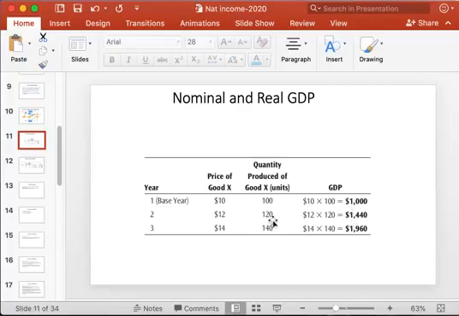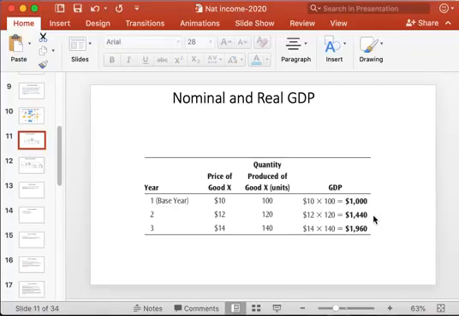But the problem is that you can see that in year 2, although the quantity produced is remaining same as year 1, the GDP is increasing, and that is how the general public gets misled with this nominal GDP.